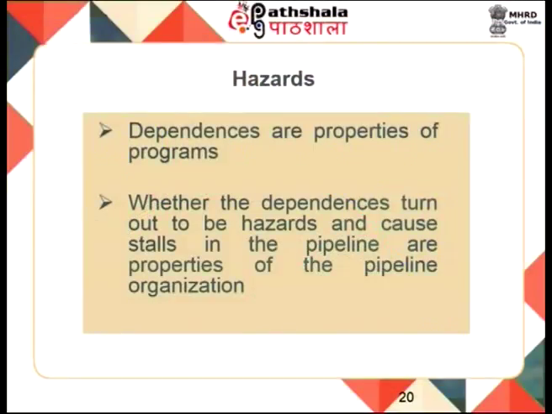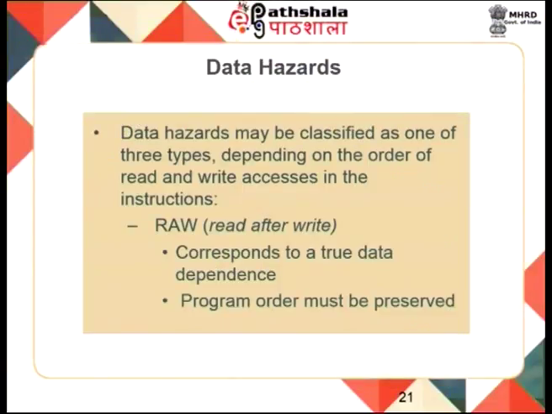So, these dependencies may or may not turn out to be hazards in the pipeline, depending on the order in which they get executed. There is a difference between dependencies and hazards. Dependencies are properties of programs which you cannot do anything about, but for hazards, all you have to make sure is that these dependencies do not give rise to hazards when they get implemented in a pipeline.